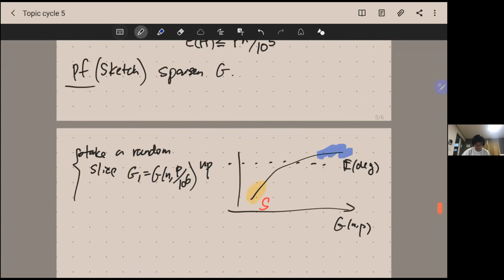Then the second one is to keep X from increasing. We don't want capital S to go up.